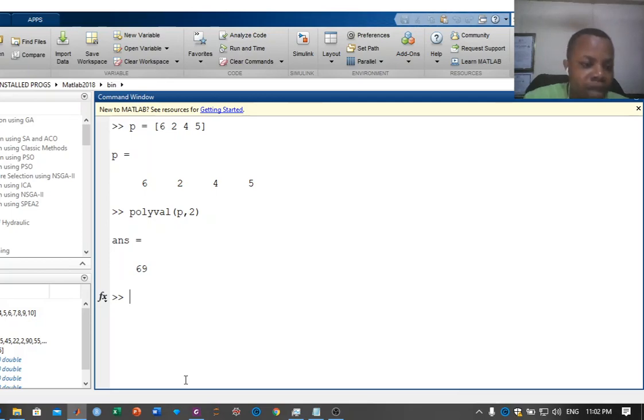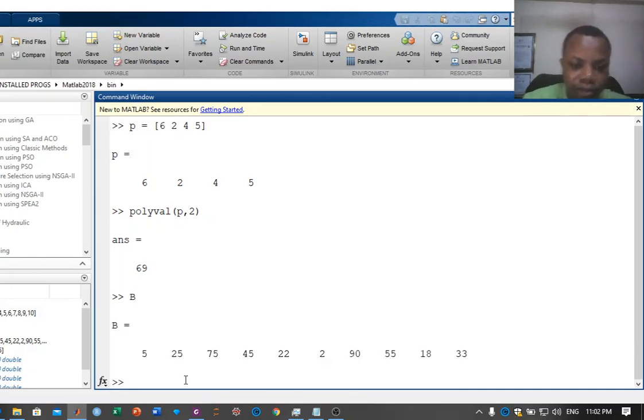But what if we have a string of data and we would like to estimate the functional evaluation? Remember we created a vector b, and there's the input for the vector b. So if we would like to estimate the functional evaluation at each of these points, we could use this same function, polyval.